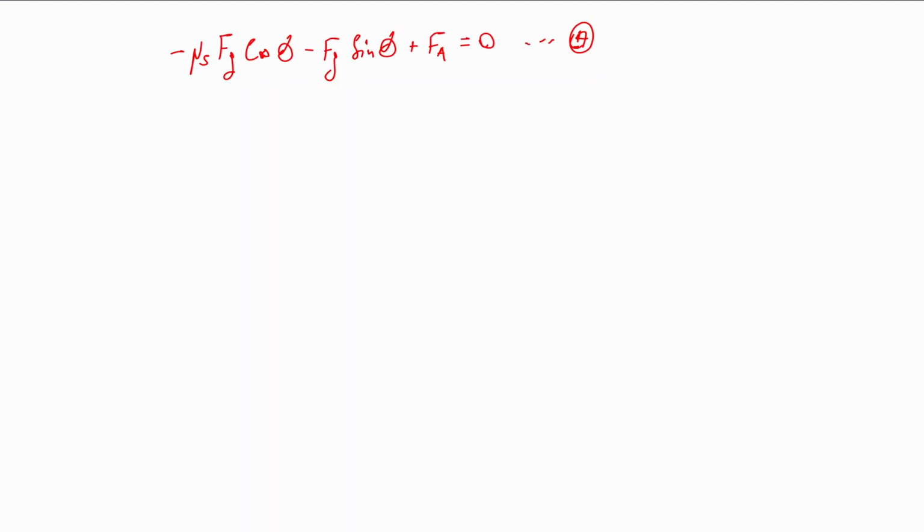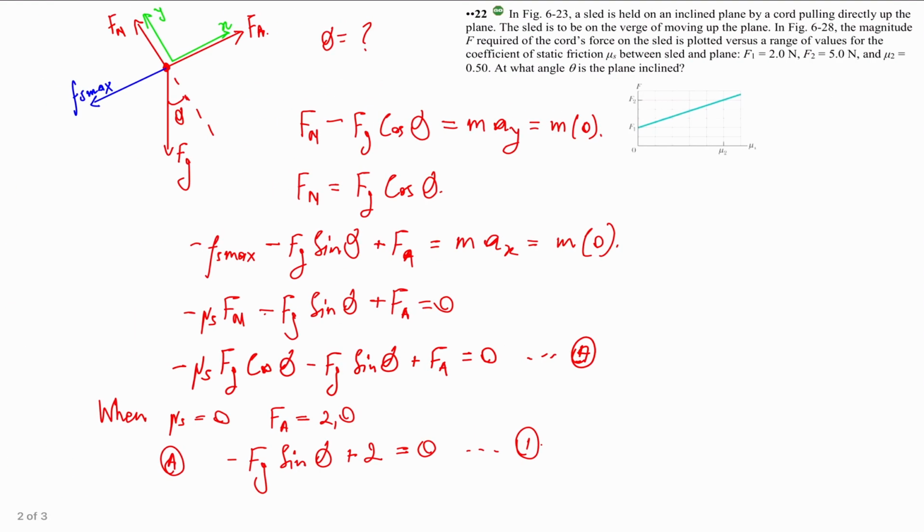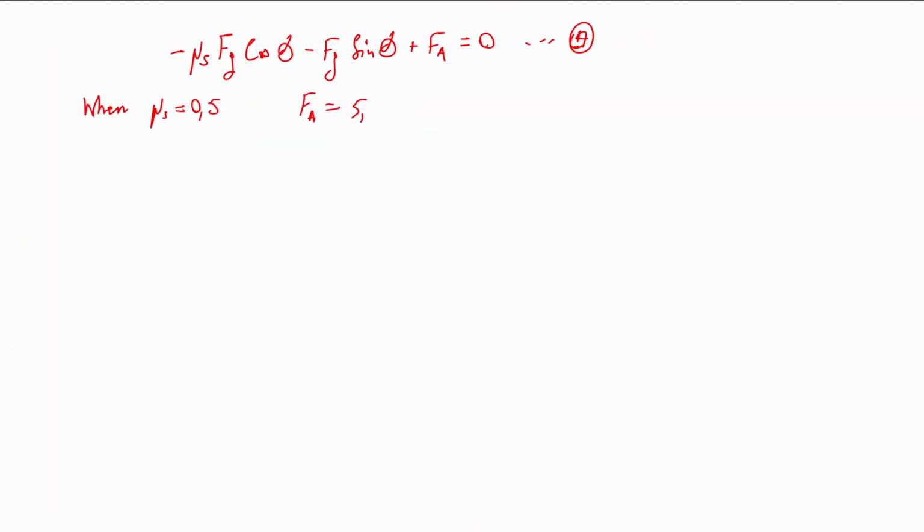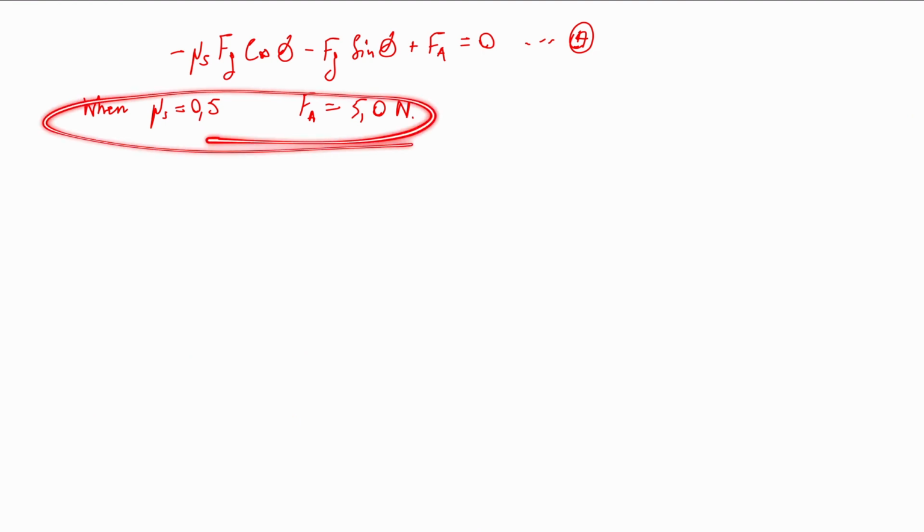Okay, so the other instance we know of is that when mu s is equal to 0.5, Fa is equal to 5.0. It's 5.0 newtons. Now let's substitute this data set into that equation.